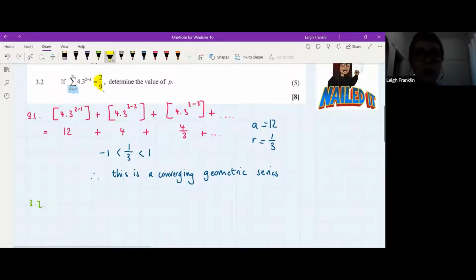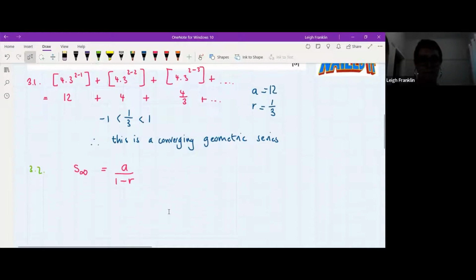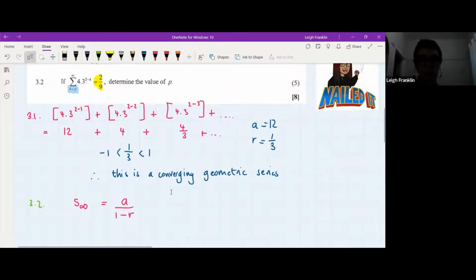So when we are working with the sum to infinity formula, it looks like this. Sum to infinity is A over 1 minus R. They are telling us that the sum to infinity is 2/9.